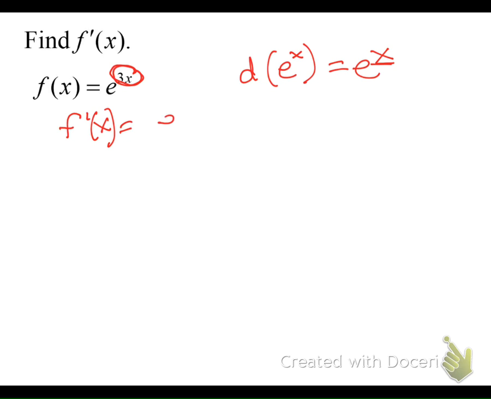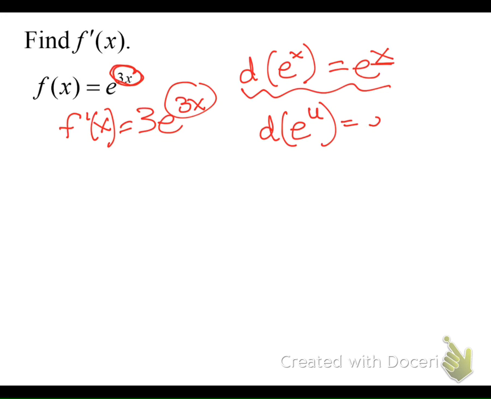So it's e to the 3x times the derivative of 3x, which is 3. So you could change this rule. It's probably written on the front cover of your book. The derivative of e to the u is e to the u times the derivative of u, which is du. That's what that du means if you see that on the front cover of your book.